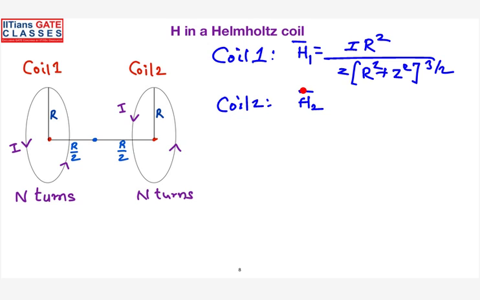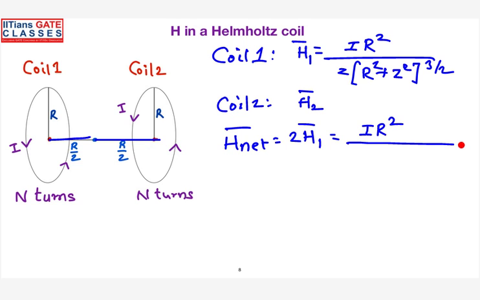Since you just verified that the magnetic field intensity due to coil 1 and coil 2 are in the same direction, the net magnetic field can be written as 2 times H1. You multiply 2 with H1 and you get I R square by 2 into (R square plus Z square) whole power 3 by 2, since the 2 gets cancelled. So this is your magnetic field intensity at any distance Z.